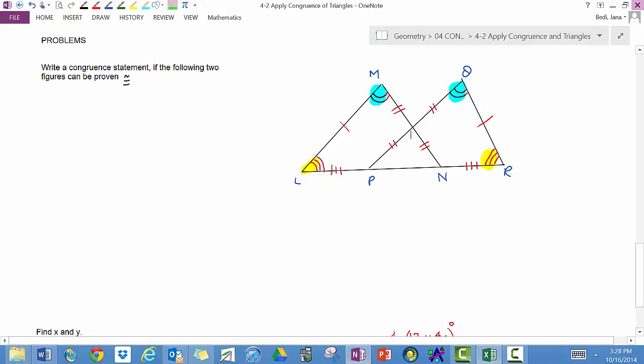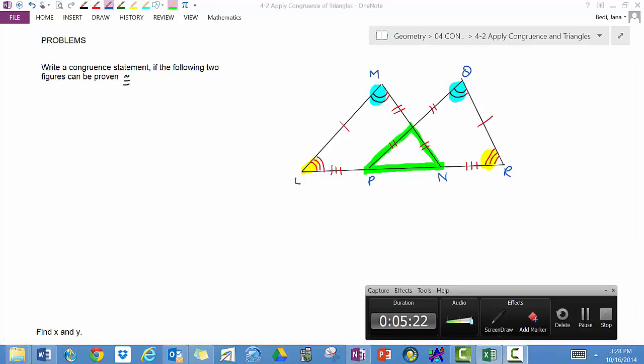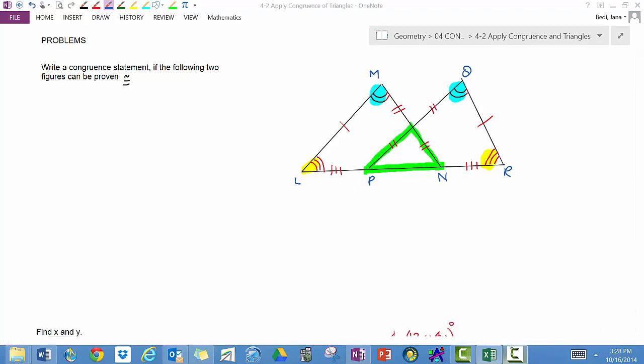If you look at this little triangle here, this is an isosceles triangle. And in an isosceles triangle, you can show that the angles opposite congruent sides are congruent.